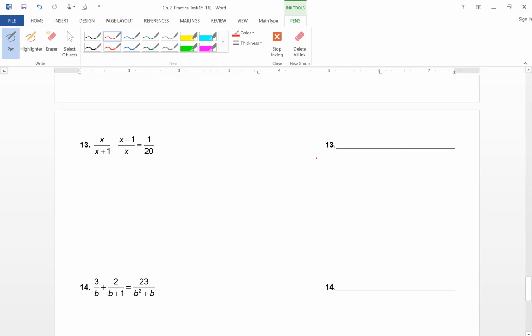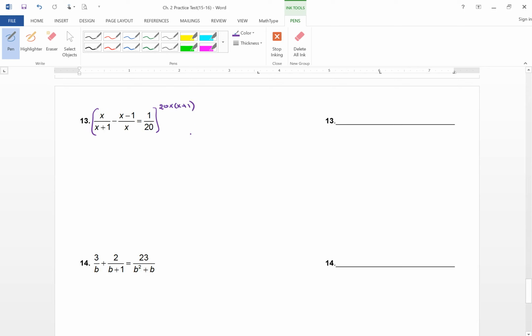Let me do this one, number 13. I do have solutions on Haiku already. Yes, I have a blank one and solutions on Haiku. So here, we're going to multiply everything by 20 times x plus 1. I think 15.